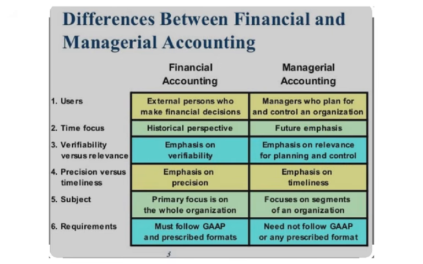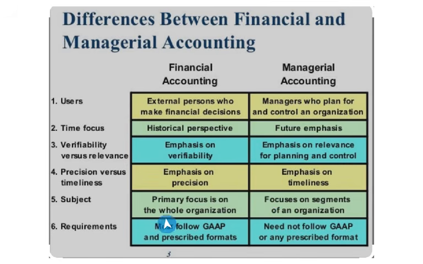All right. Precision on financial accounting, timeliness on management accounting. If these reports are not in time, it won't affect your decision making. Primary focus is on the whole organization, while management accounting only on certain departments.